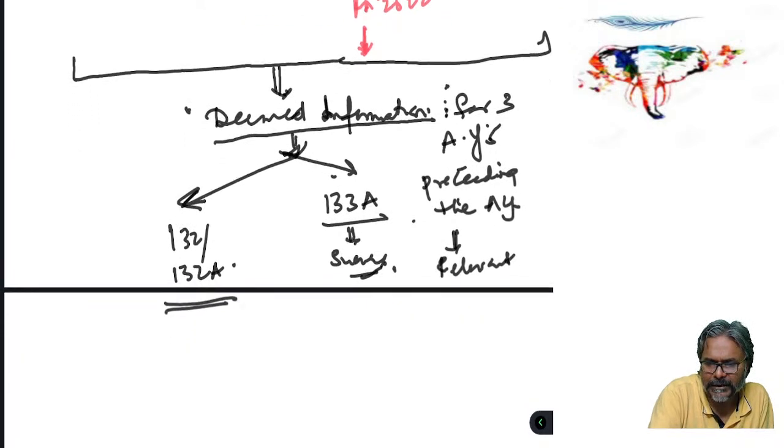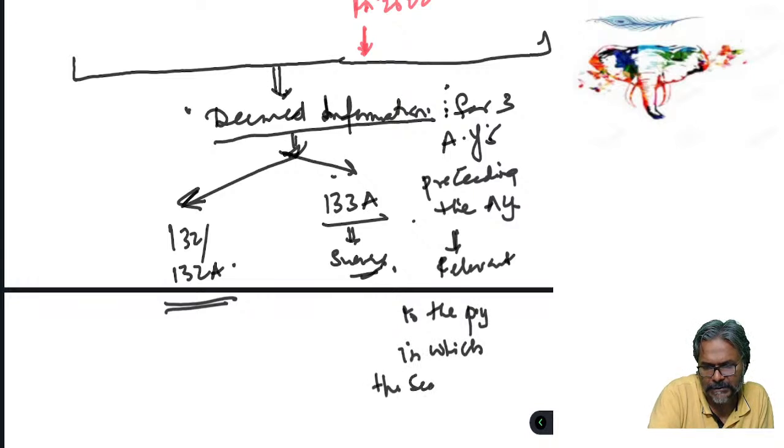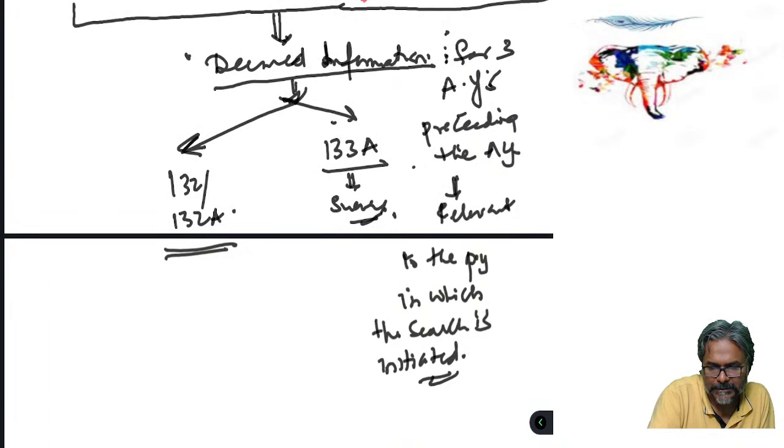Relevant to the 3 AYs preceding the AY relevant to the previous year in which the search is initiated. So for 3 AYs preceding the AY relevant to the previous year in which the search or survey is initiated.